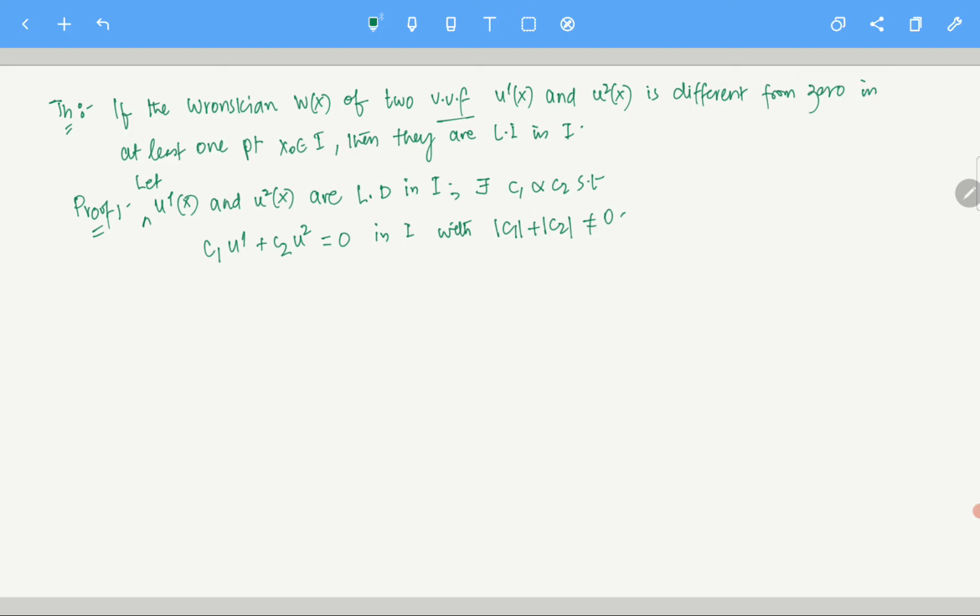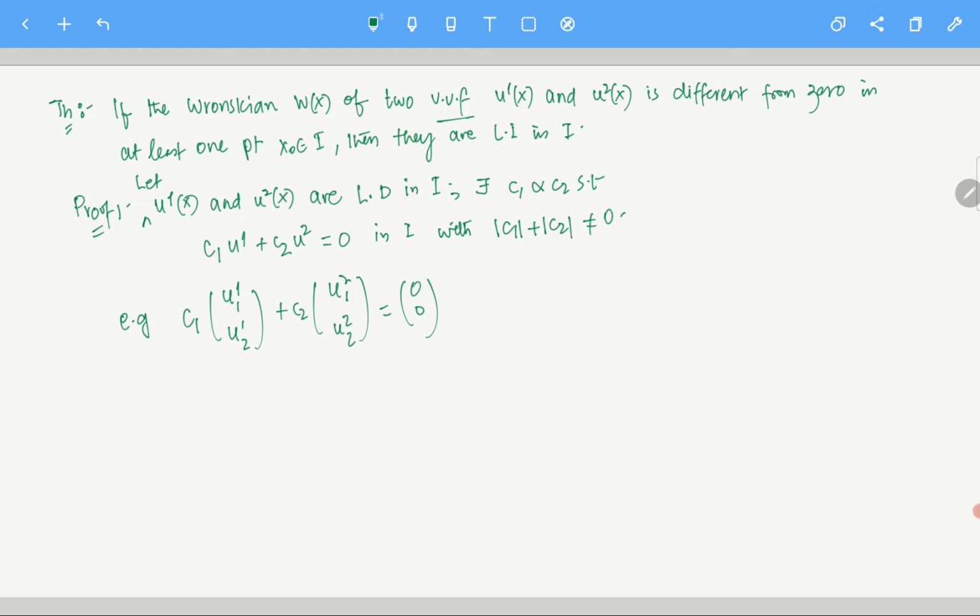If you break it up, u1 has two components, so it is C1 times (u11, u12) plus C2 times (u21, u22), equals (0, 0).